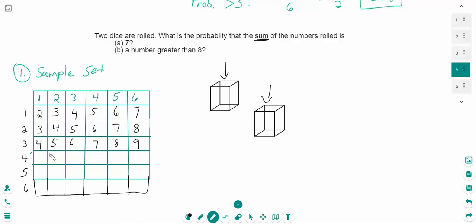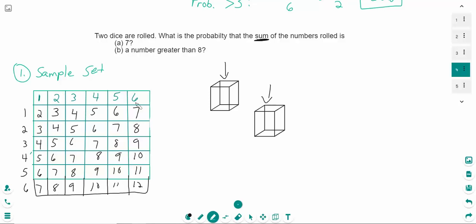For 4, if I roll that, then I could have a 5, a 6, a 7, an 8, a 9, and a 10. And then this is going to be so on and so forth. And this is going to be 8, 9, 10, 11, and 12. Okay? So these numbers in black here represent all the different possible outcomes for our experiment.